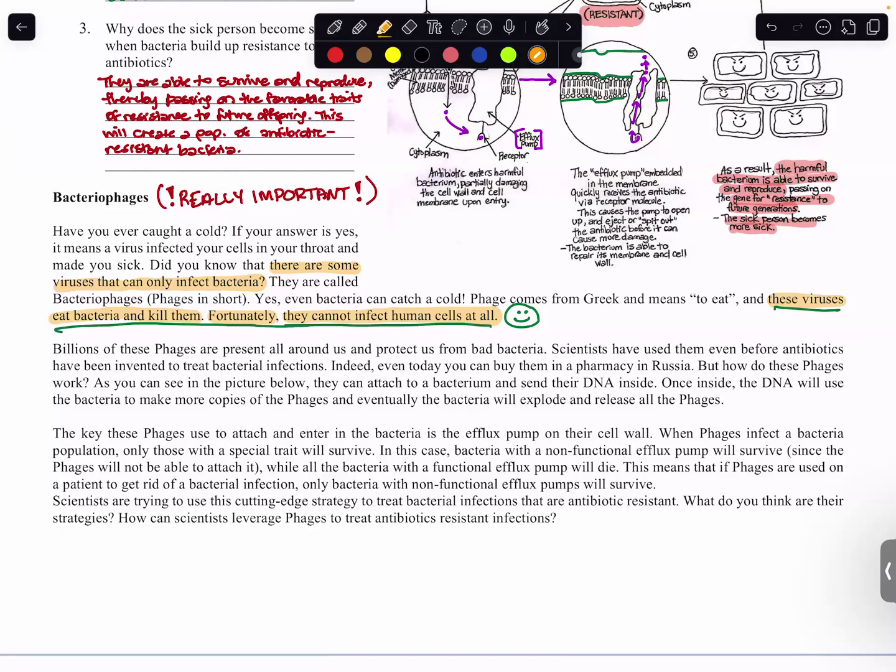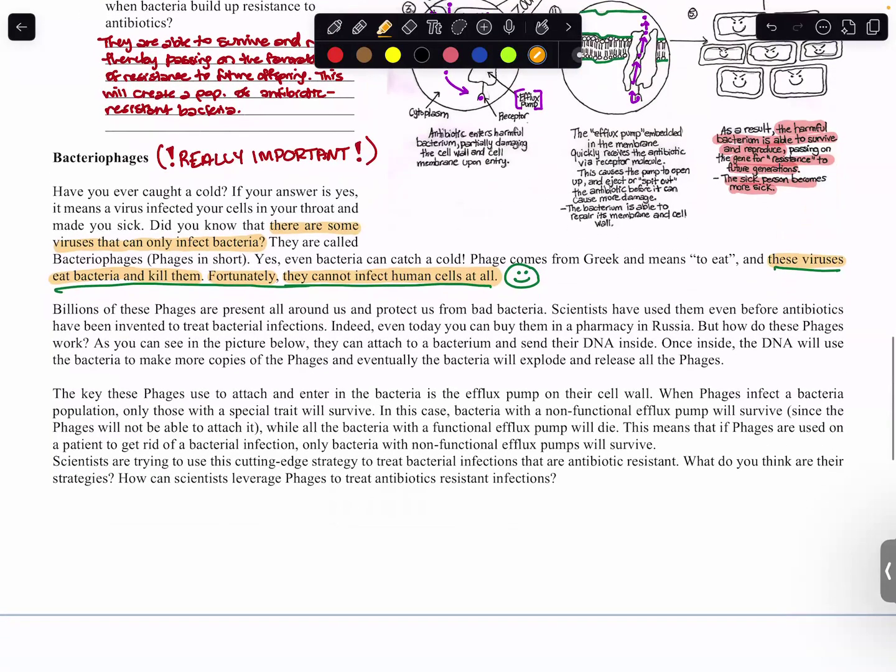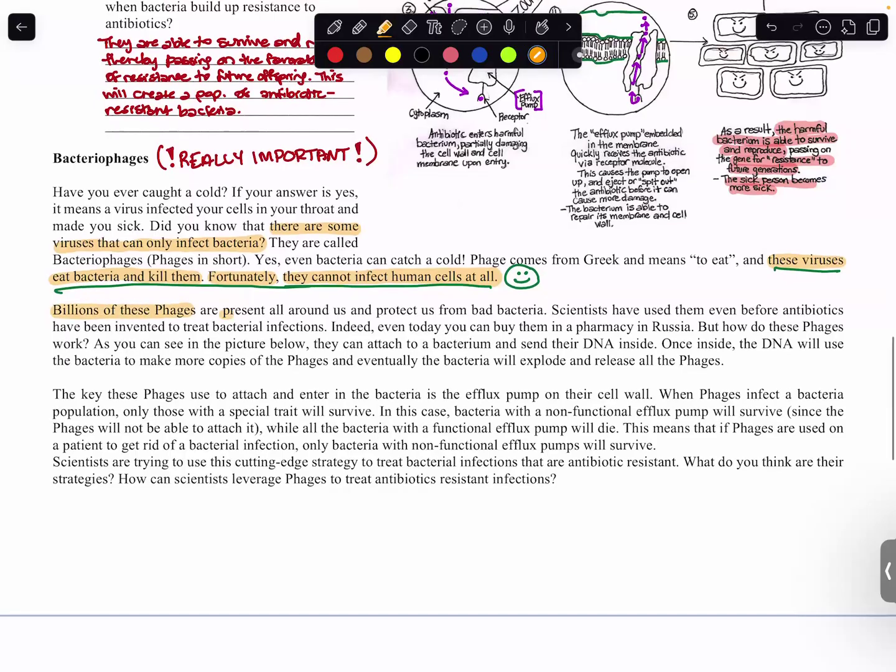Okay, let's read on. Billions of these phages are present all around us and protect us from bad bacteria. Hmm, seems like a smiley face to me. Let's continue. Scientists have used them even before antibiotics have been invented to treat bacterial infections.